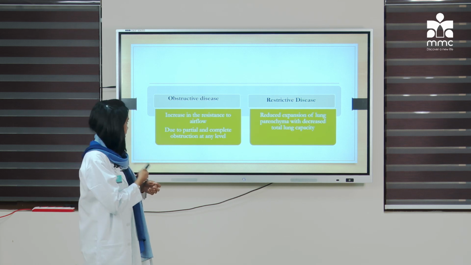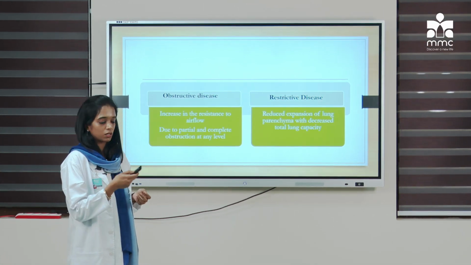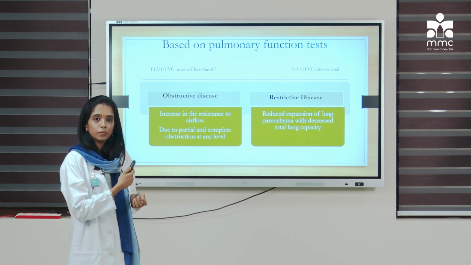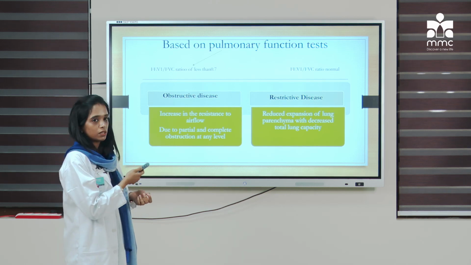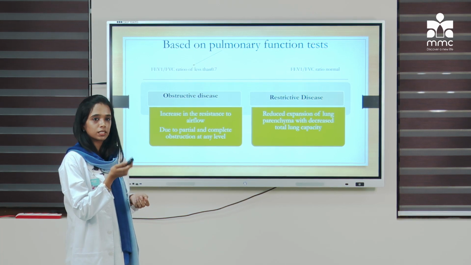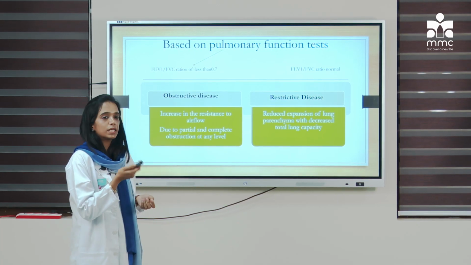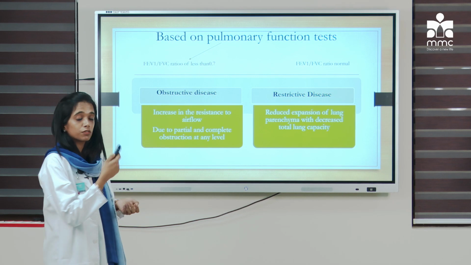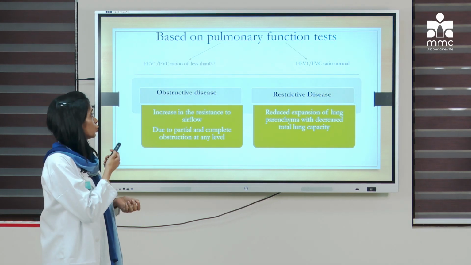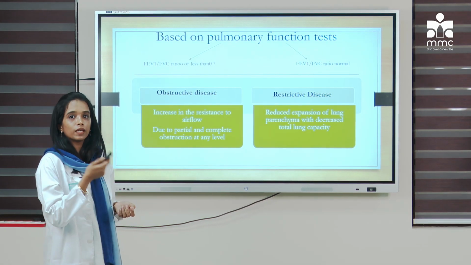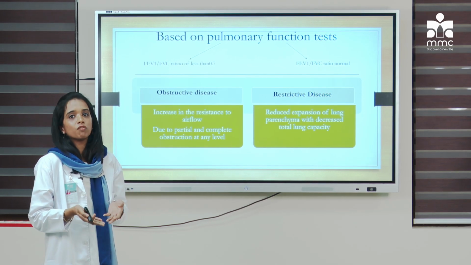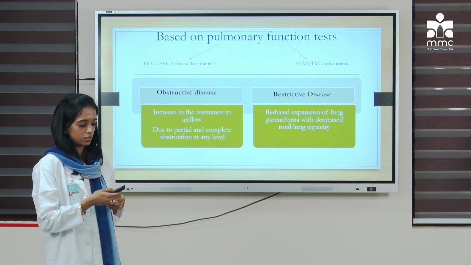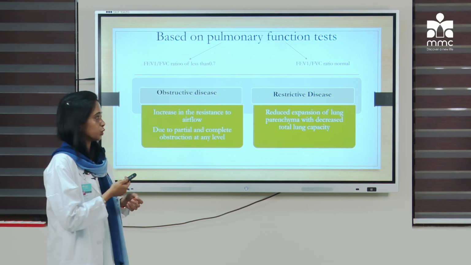We classify them based on the pulmonary function test. The FEV1 to forced vital capacity ratio is less than 0.5 in obstructive disease, whereas in restrictive disease we get a normal ratio, because there is a proportionate decrease in both FEV1 and forced vital capacity.